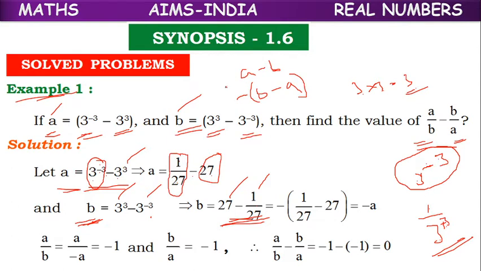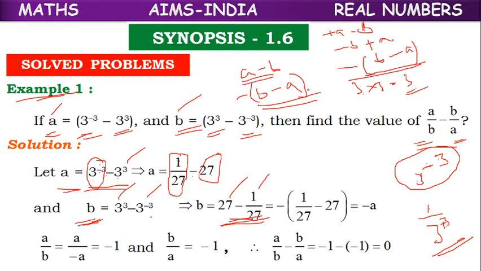We can take minus common and inside the brackets write b minus a.